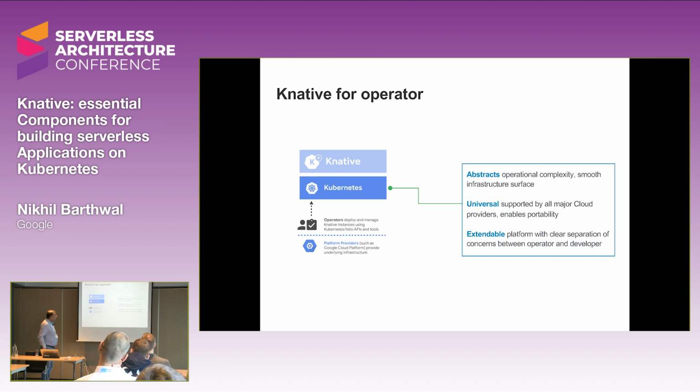Knative for operators: what you have is Kubernetes, which, as I mentioned, would abstract away all the operational complexity. And that's kind of universal. Everybody supports Kubernetes in some form or another. One of the good things about Kubernetes is that through custom resource definitions, you can actually extend it.